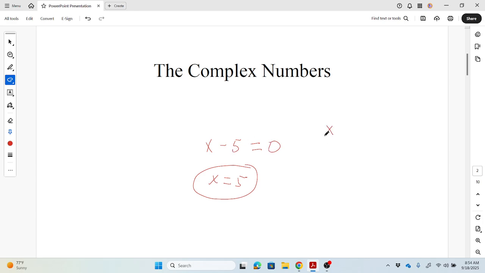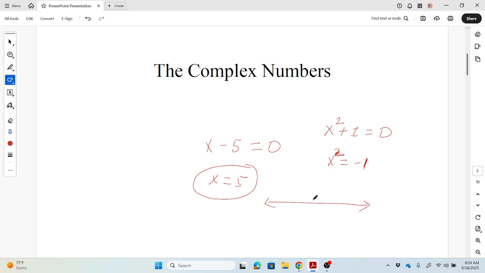But let's try to solve this one, x squared plus 1 equals 0. So meaning for what value of x, the square of that number plus 1 would be 0. So if we try to solve this, we get x squared equal negative 1.